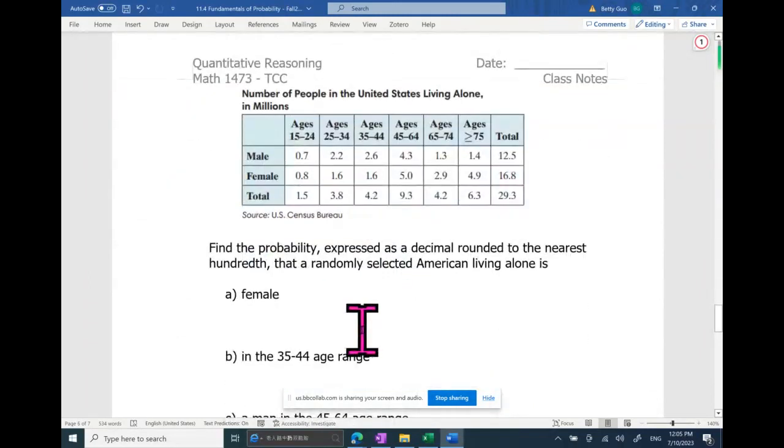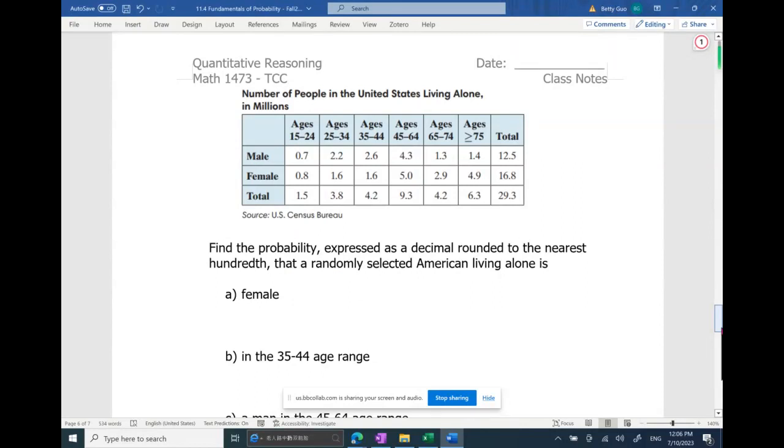Let's see, how do we find the empirical probability? Part A is to find the probability that a randomly selected American living alone is a female. So we only consider the female gender. The table gives us the number of people in the United States living alone, in millions.